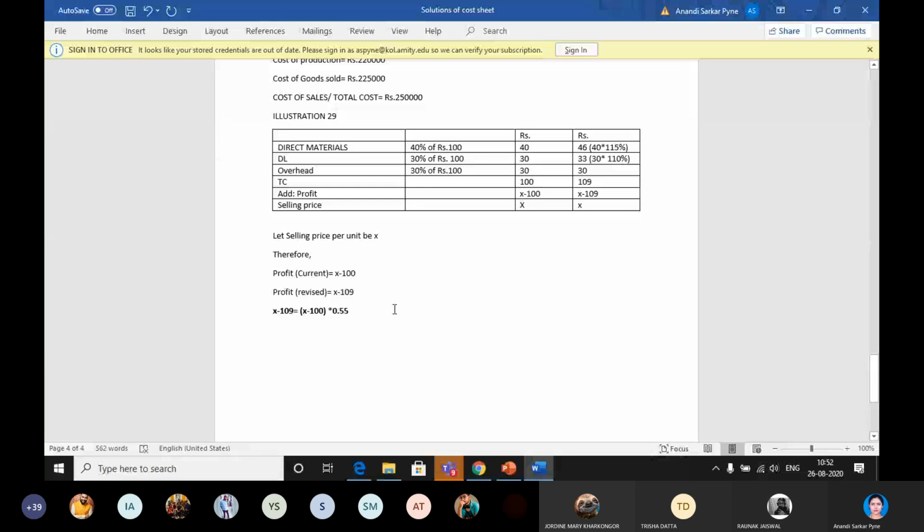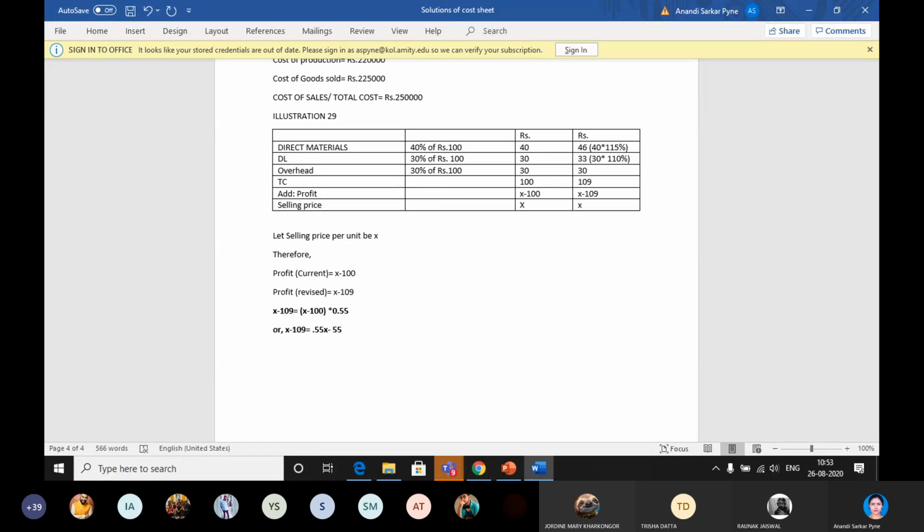So x minus 100 equals 0.55 times x minus 109. Now just equate this.